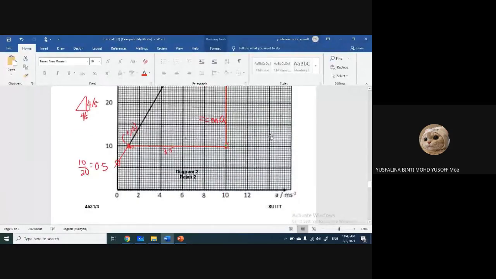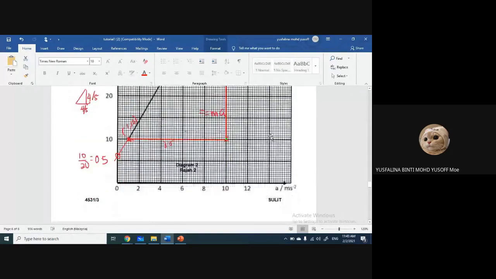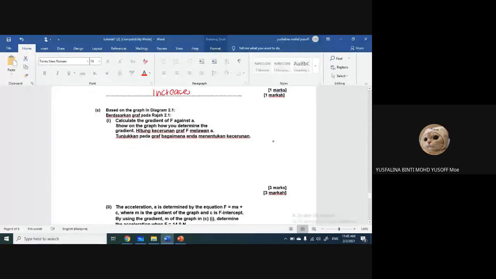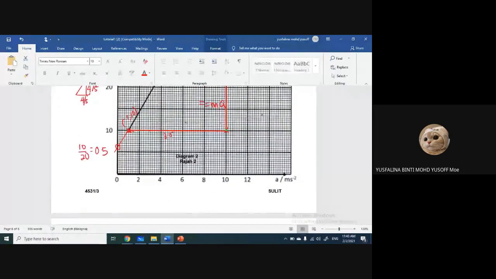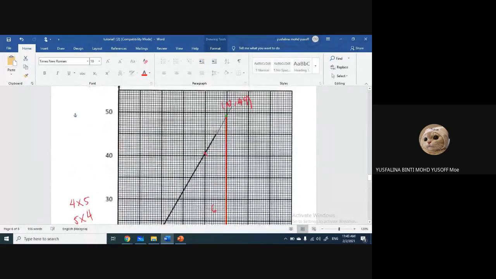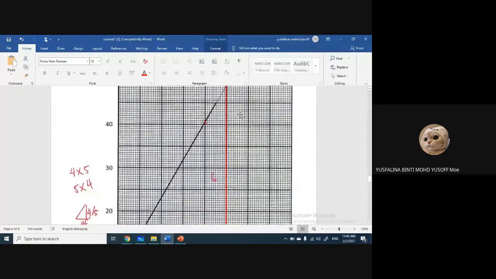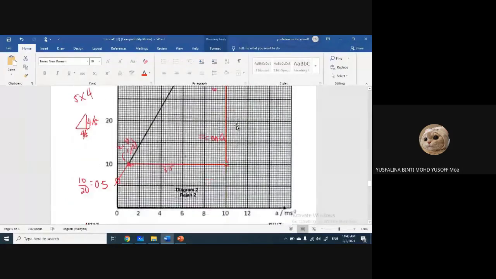y2 minus y1 divided by x2 minus x1. So I have to calculate here. I take this one as x1, y1, and x2, y2. So 49 minus 10 divided by 10 minus 1.